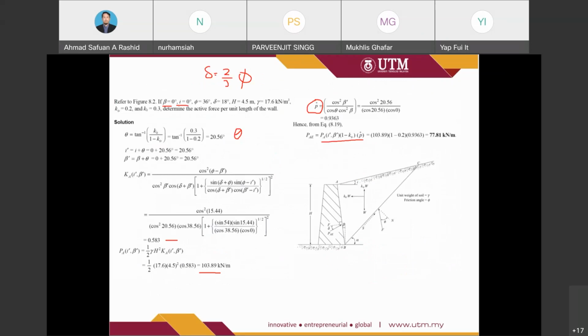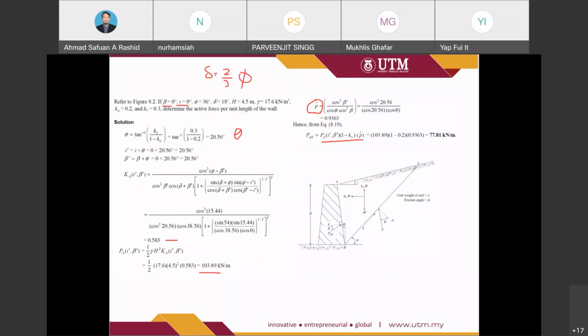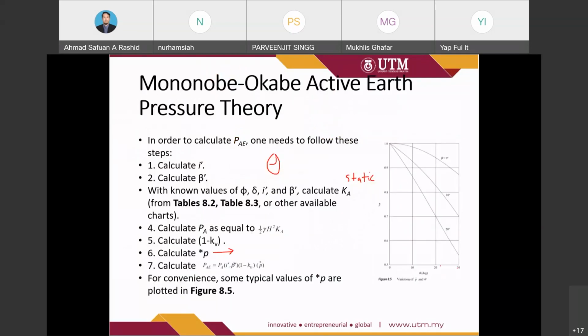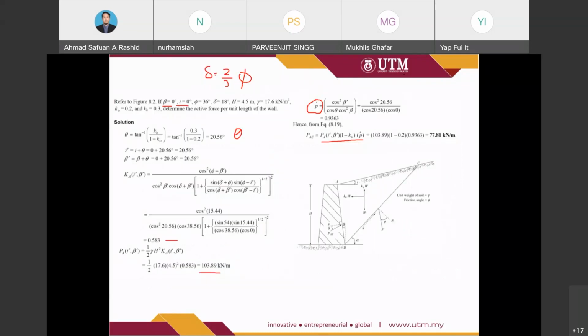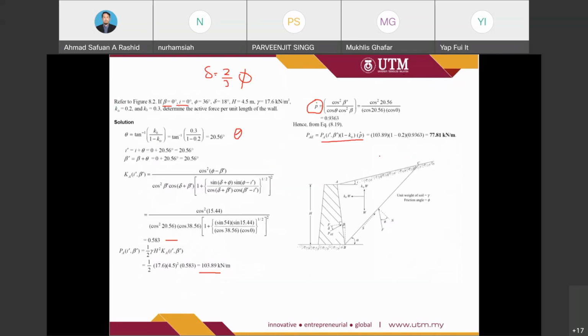Theta is equal to 20.56, and the beta is equal to 0. So almost here, the value for the asterisk P is around 0.9363. So here we obtain 0.94 something, that is for the asterisk P.